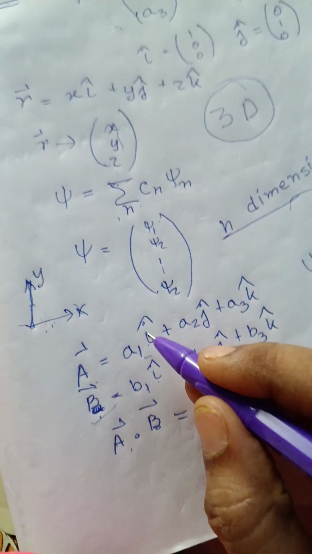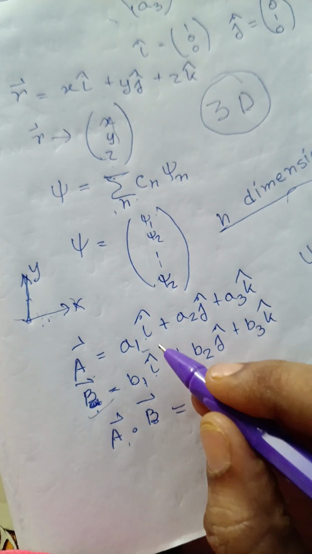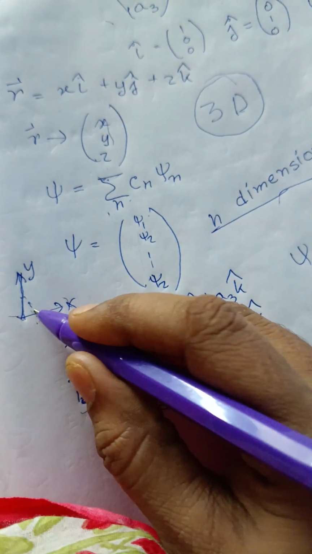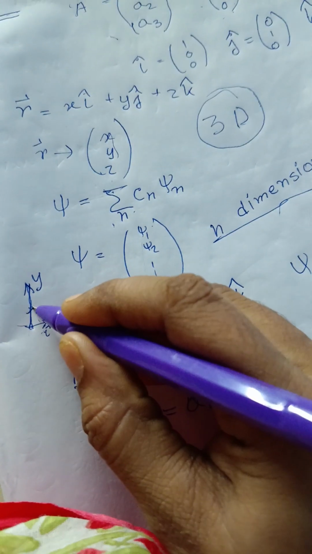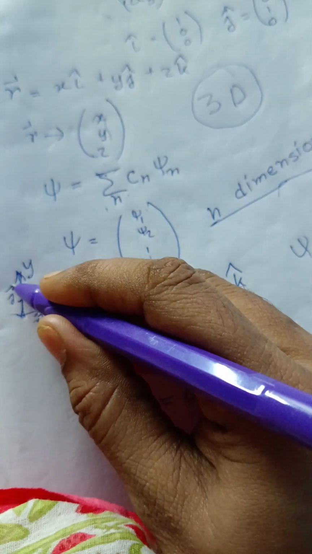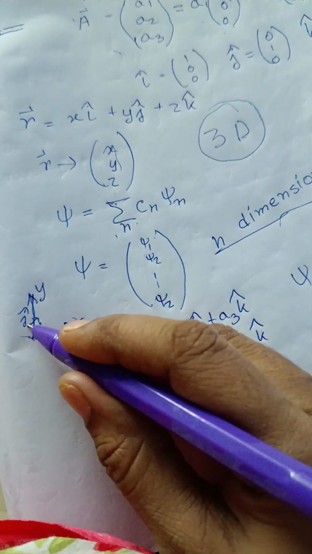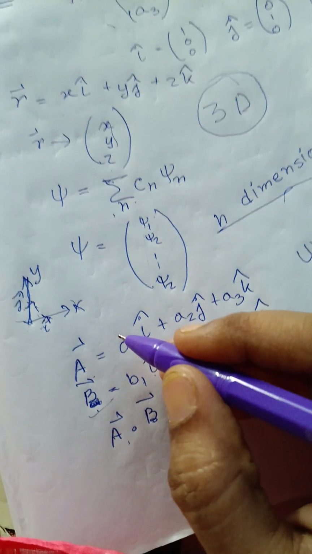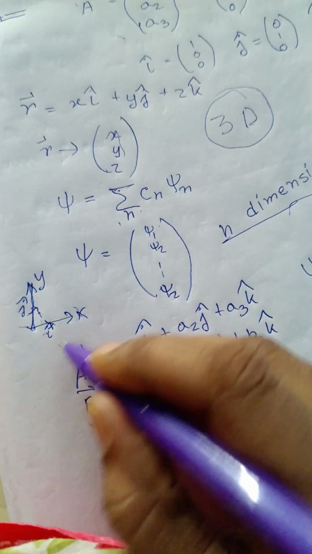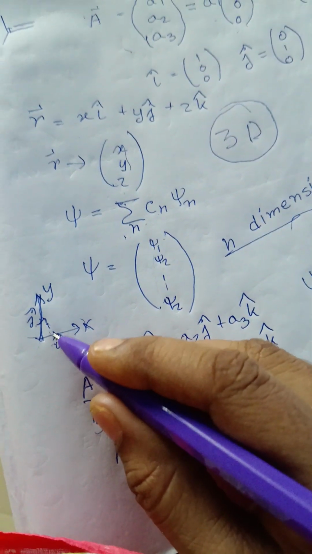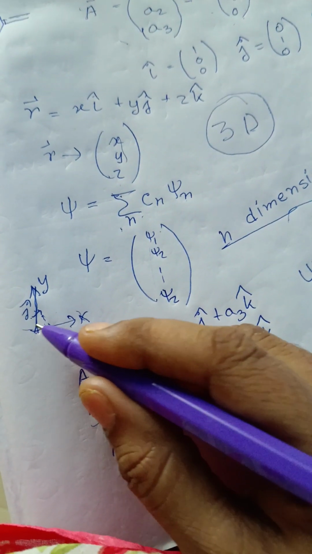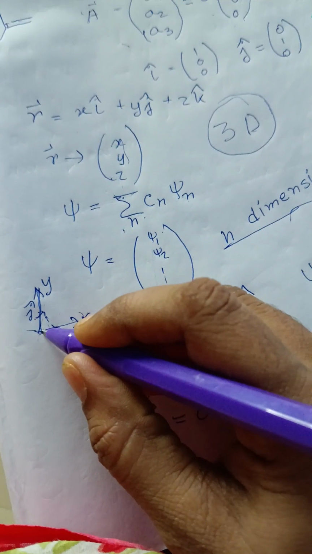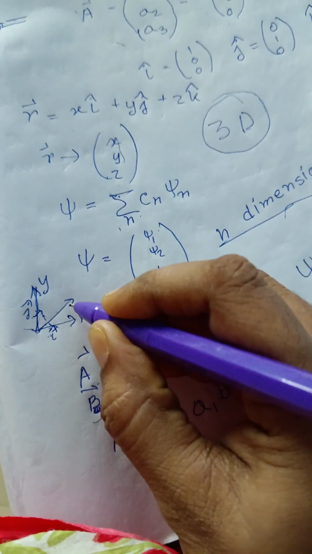So in case of two linearly independent vectors like i cap and j cap, unit vectors along the x axis and y axis, this i cap dot j cap will be 0. Actually, this dot product represents the component of one vector along the direction of the other vector. So suppose this is our A vector.